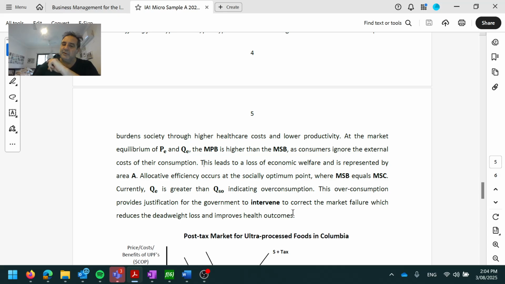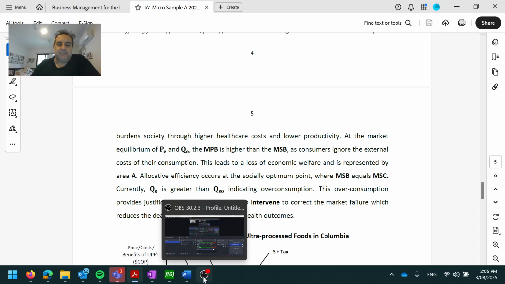See how this student has kept it consistent with the last thing they said in the introduction. The objective of the intervention is to improve efficiency and improve health outcomes. So there's that link there between the purpose of the intervention and the outcome. So I really like that. It's very polished. I'll take another pause here before I go into that second diagram.